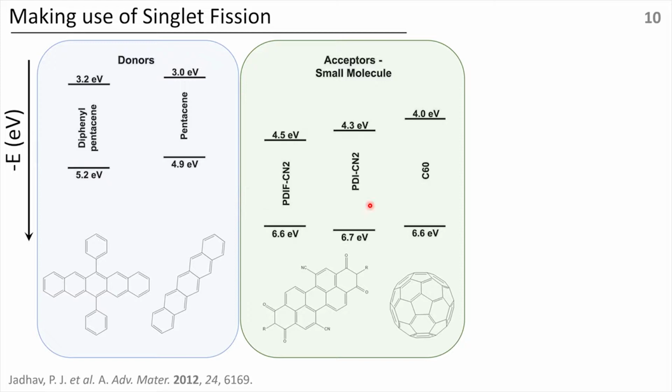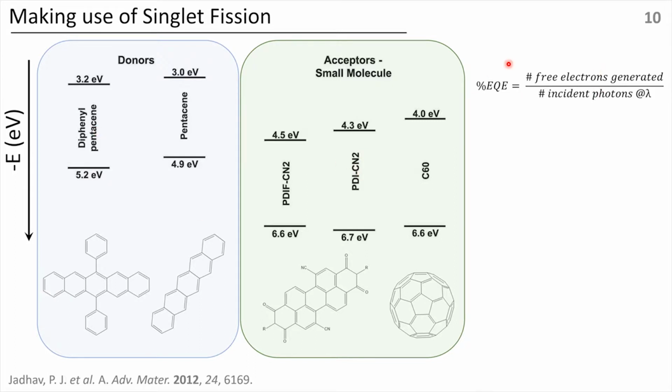Without going too much into the chemistry for this video, I do the same thing for acceptor molecules. I talk about the judging criteria for the devices made by Jadaf. Essentially, how did they know that one combination of these materials, one donor with one particular acceptor, was better than another donor with another particular acceptor?